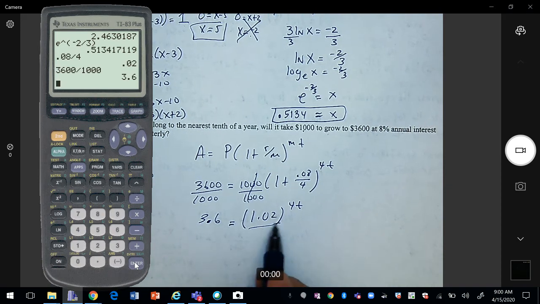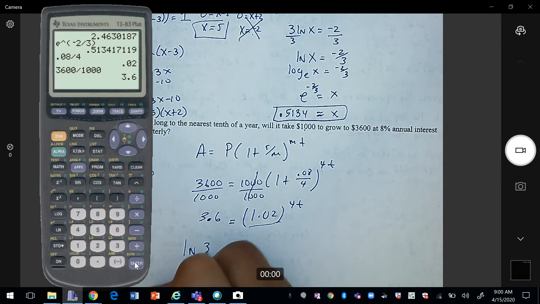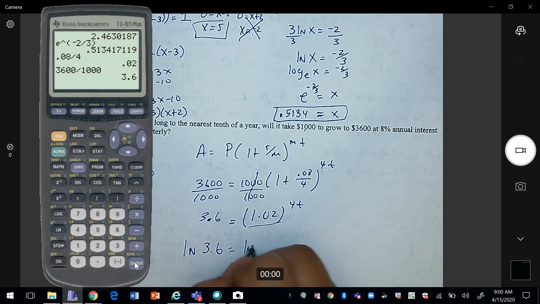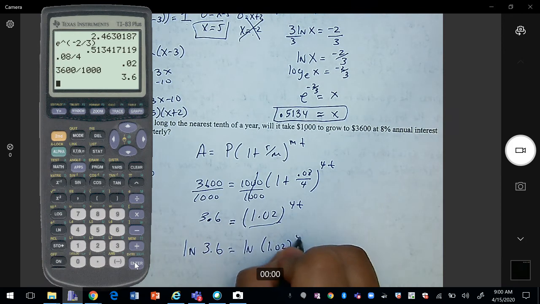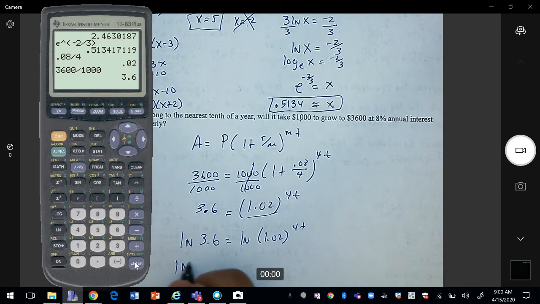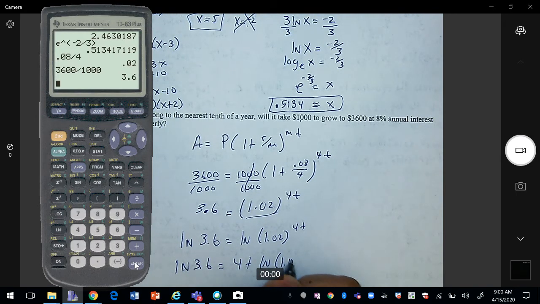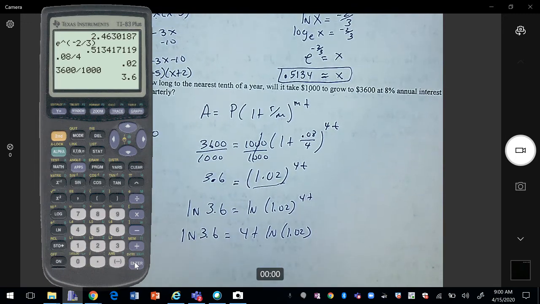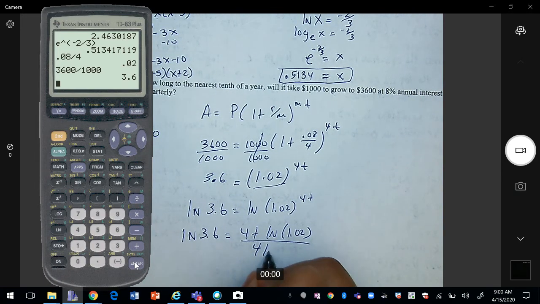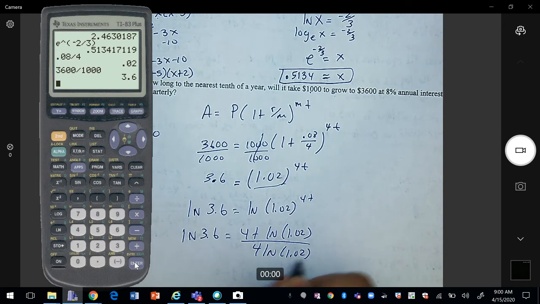So now this is isolated, so we can take the natural log on both sides. Use the power rule. And solve for t. So I can divide all of this by 4 natural log 1.02.